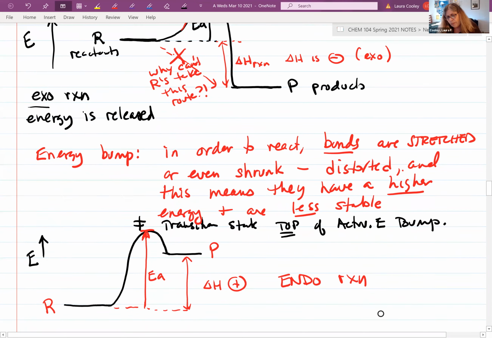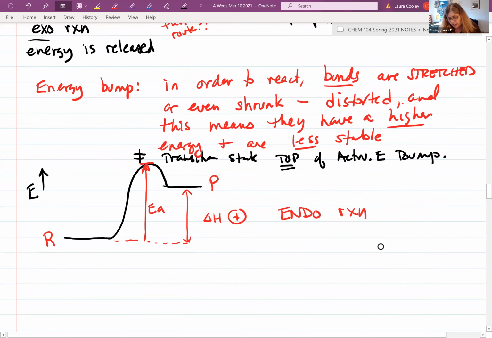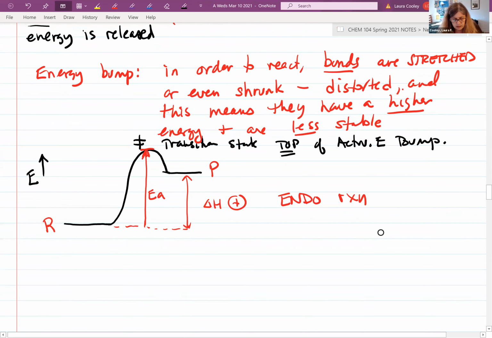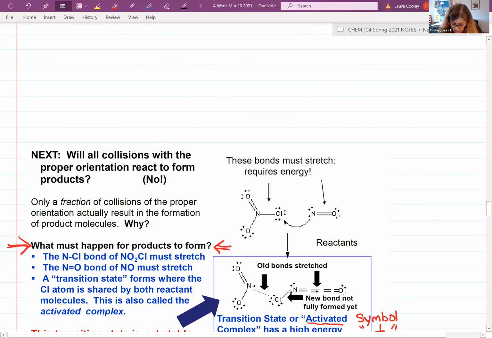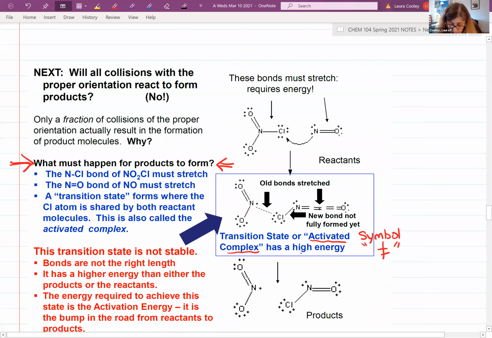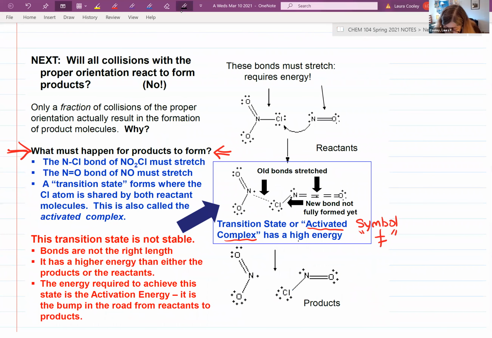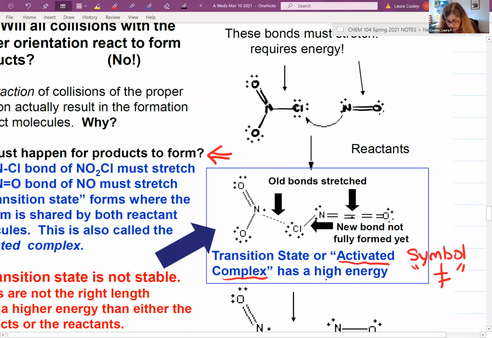So I'm going to go back to that other reaction that I was talking with you about earlier, and show you which bonds get stretched and how that all works out. So here's that same reaction. These are a little bit light. It's not too bad. ClOON. And then we have NO. All right.